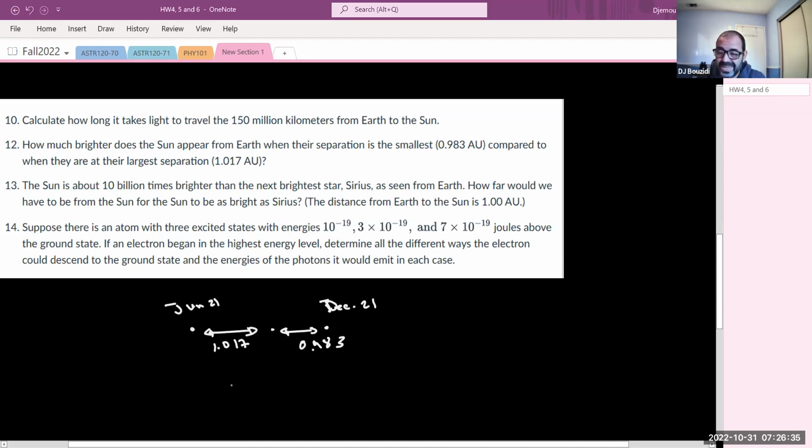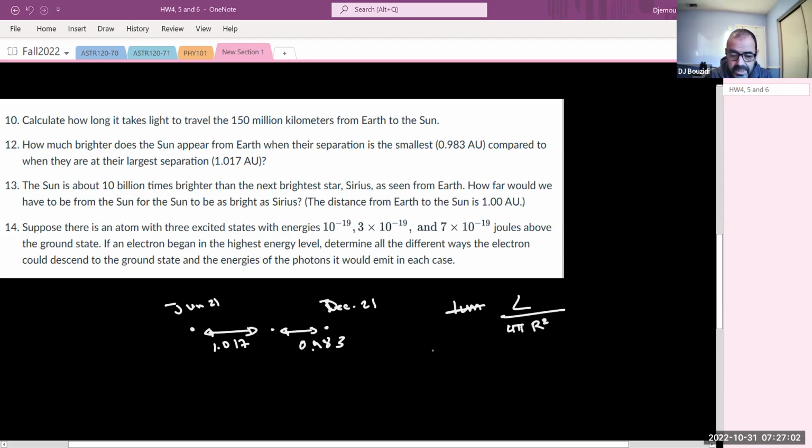So we want to see how bright the sun is, relatively speaking, when it's further away compared to when it's closer to us. Obviously, when it's closer, it's brighter than when it's far away. So the brightness depends on the luminosity. I'm going to use the letter L for the luminosity, divided by the area, which is in this case 4 pi r squared.